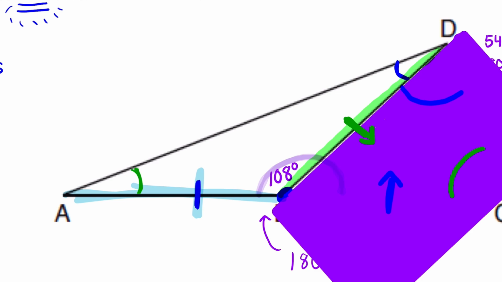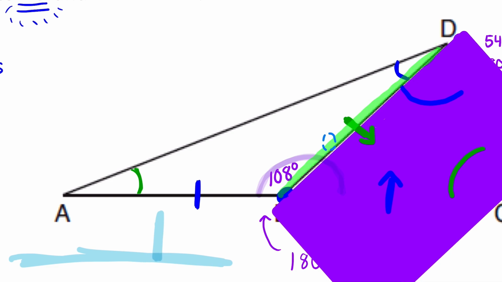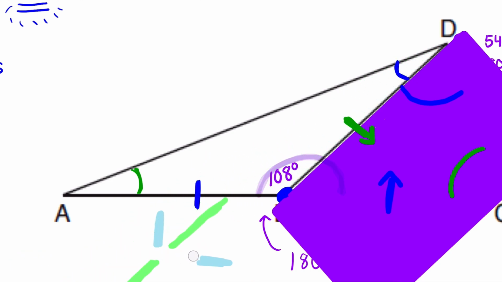So looking at this triangle, and I'm just realizing it's a lot of highlighting, so I'm going to take some of this out so it's a little less messy for you guys. In this triangle, I have two congruent angles. So we know that all the angles of a triangle have to add to 180 still, right? If I take out that 108 degrees that I already have, let's think about what's left over.